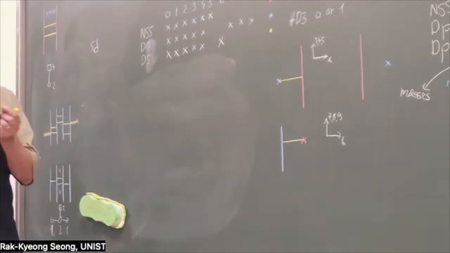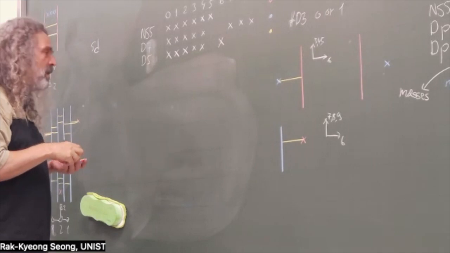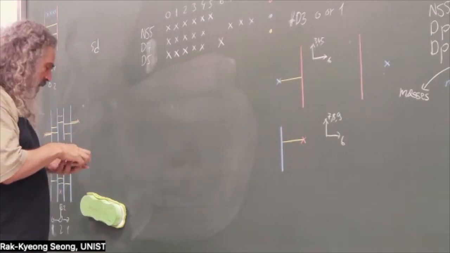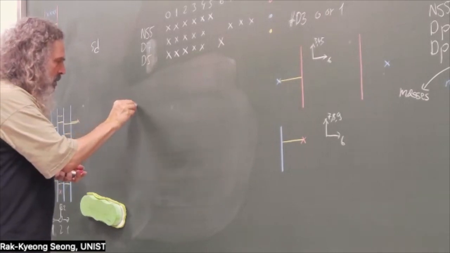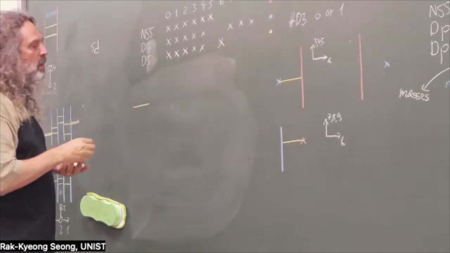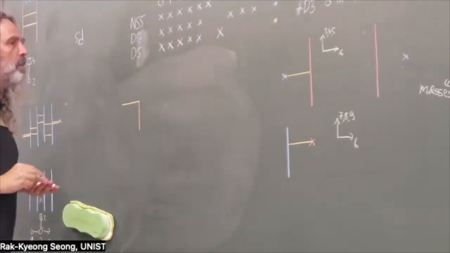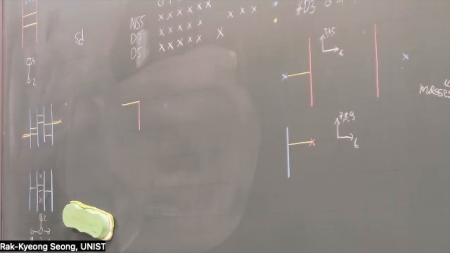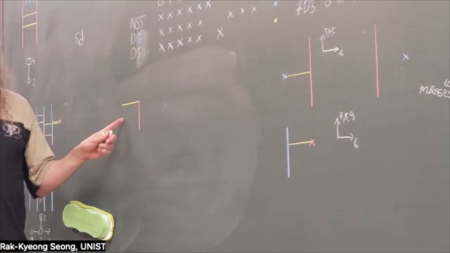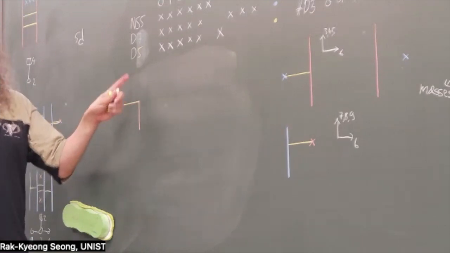Another complication which shows up is the following. Let's first understand this point. If I have a yellow one which ends on a red one, now it's no longer red anymore.